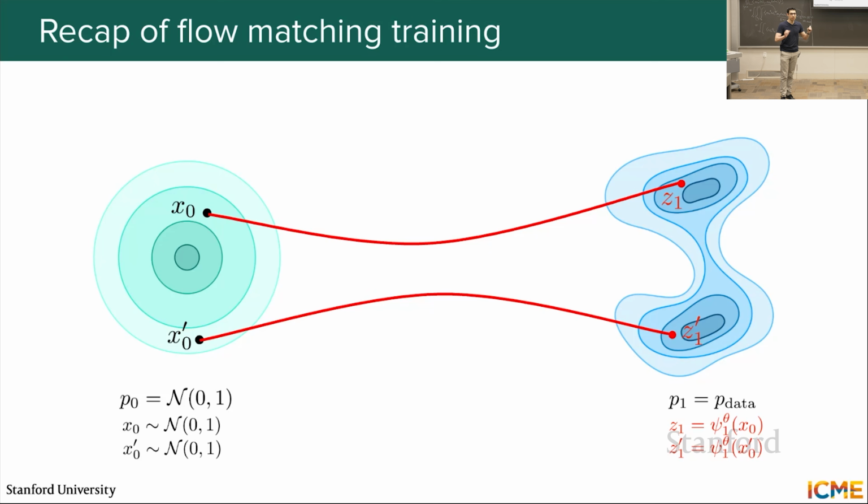But be reassured, we showed that this learned vector field was such that if you sample a point in the normal distribution and follow the learned vector field, you land in a distribution that will be your p data. So that part is fine.